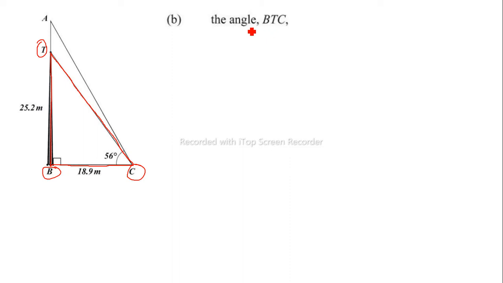Secondly, they want us to determine the angle, right? Not angles, but an angle. And which angle would we need to determine? B, T, or C? T. Why T? Because it's the one in the middle, right?